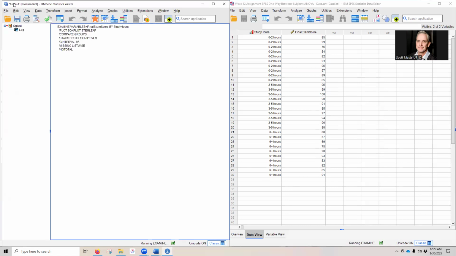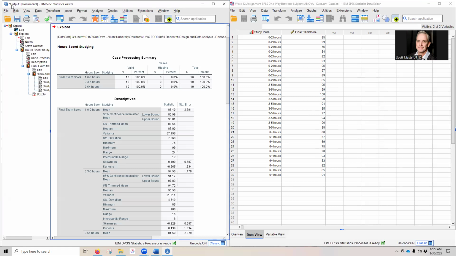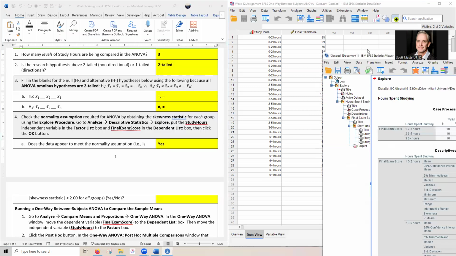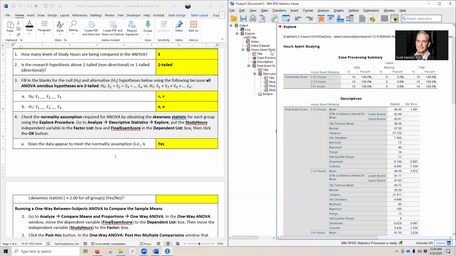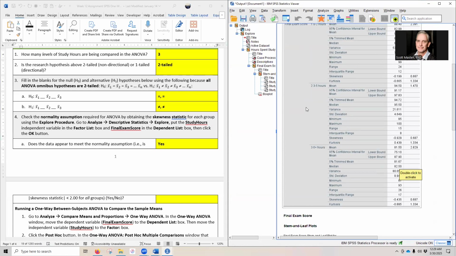So remember, the rule for things to be basically normal is that the absolute value of the skewness coefficient has to be 2 or less. So let's go ahead and take a look at them. For group 1, the skewness coefficient is negative 0.199. That is not greater than 2, so we would say basically normal. For 3 to 5 hours, the skewness coefficient is also not 2 or bigger.